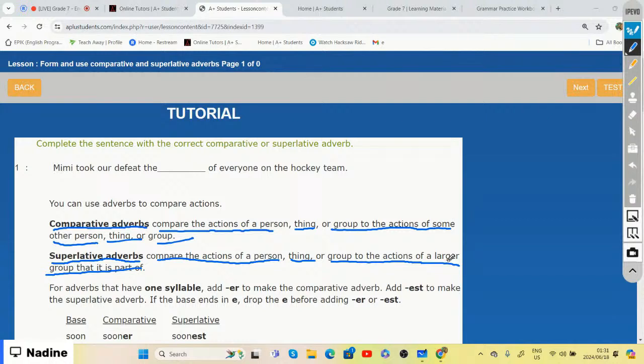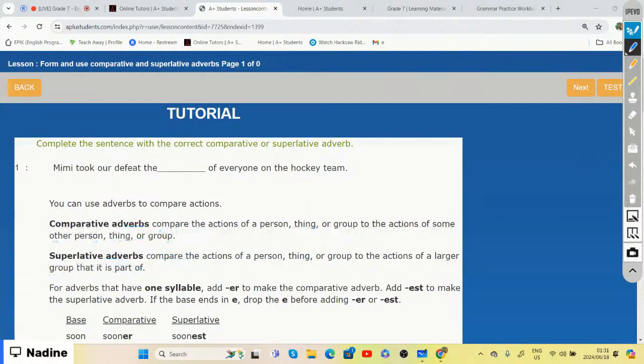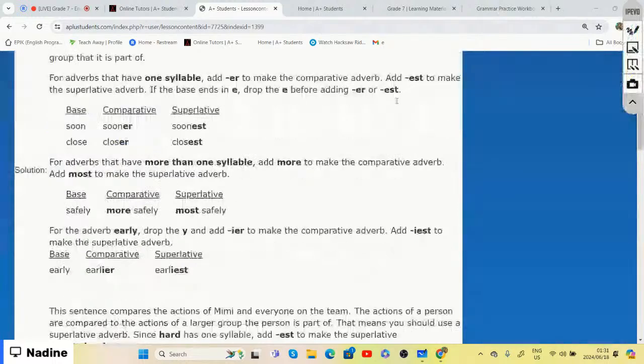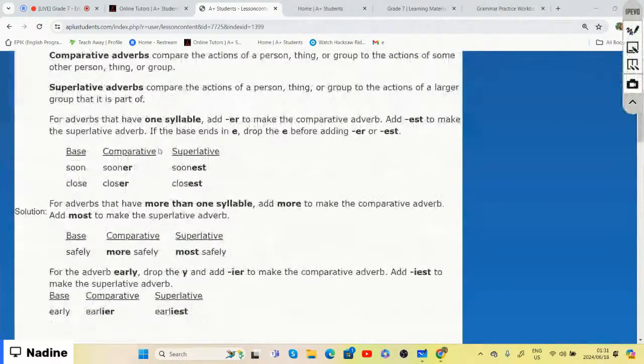And if we look at an example, right? Here they're showing us the base, the comparative, and the superlative, right? It says we have soon, I'm coming soon, Jack will come sooner.